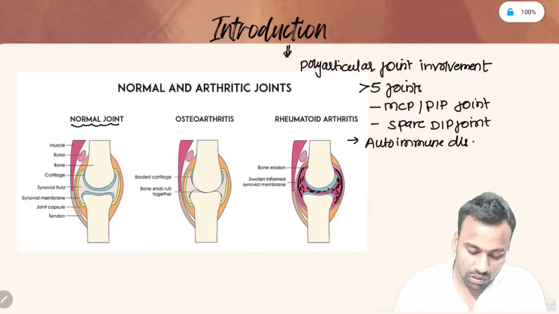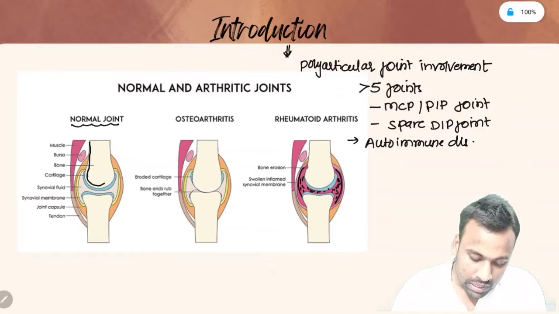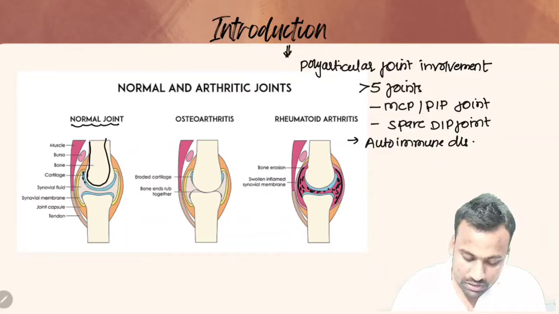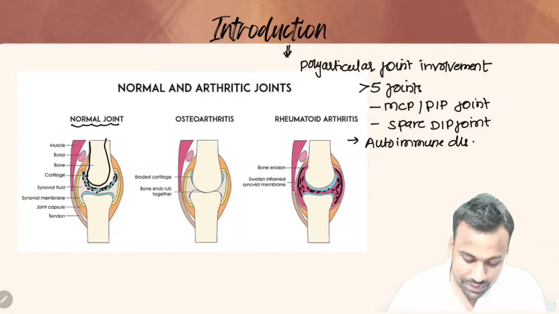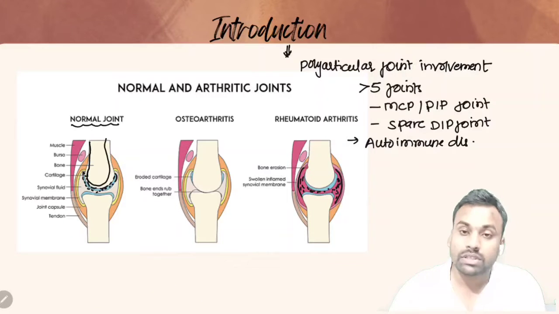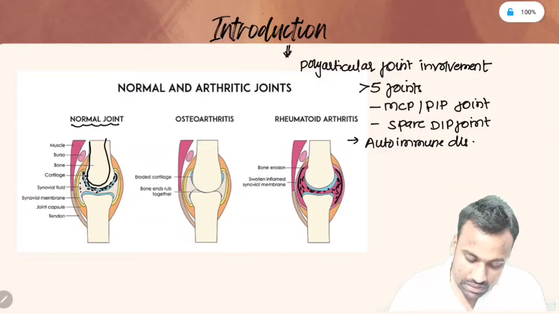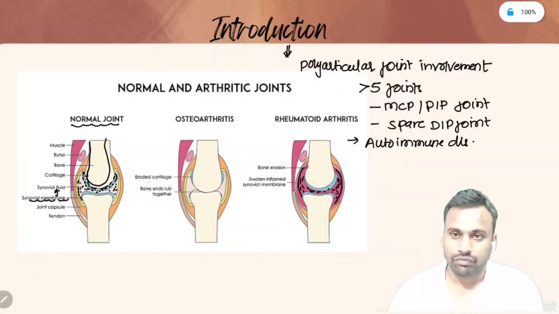A normal joint contains bone, and along with this bone, this blue structure is known as the cartilage. In between these two cartilages, we can see fluid known as the synovial fluid, and the synovial membrane is responsible for the formation of synovial fluid.